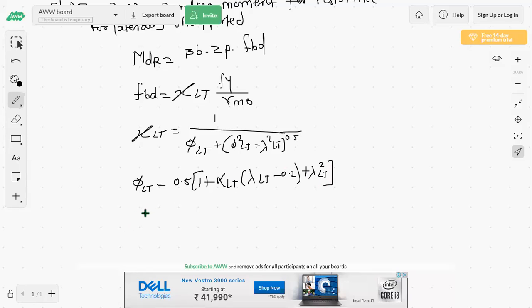Then here, how to take the value of lambda LT, as given in the procedure. Go back and see the procedure. The alpha LT value we have given.